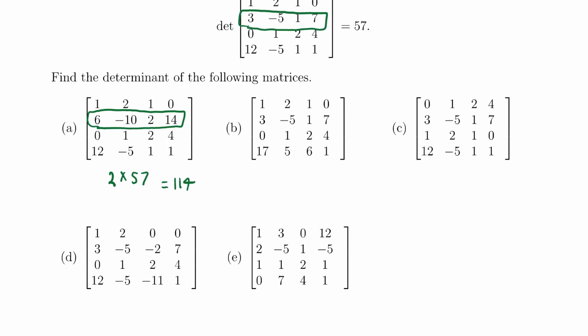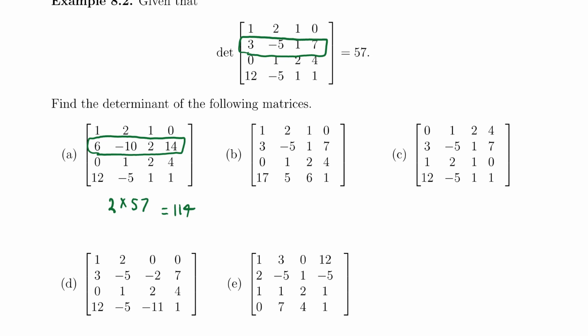Now for part B, what are the differences? The last row is different. Well, how do I get the last row from this one? In fact, the new last row is just I multiply 5 to the old first row and add that to the last row.